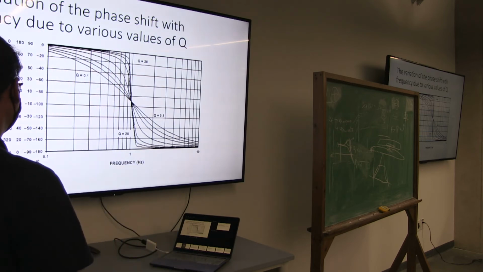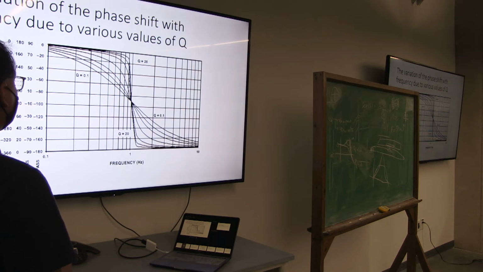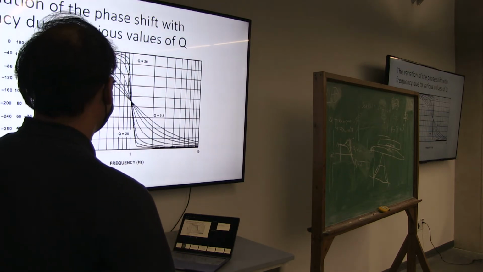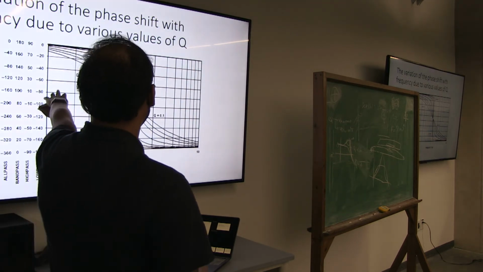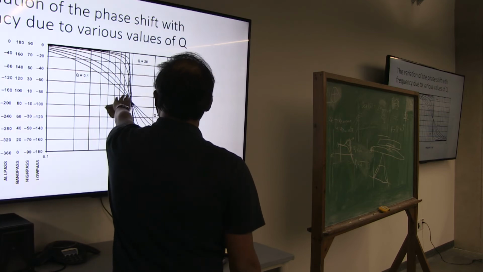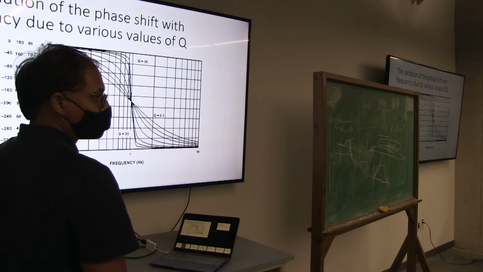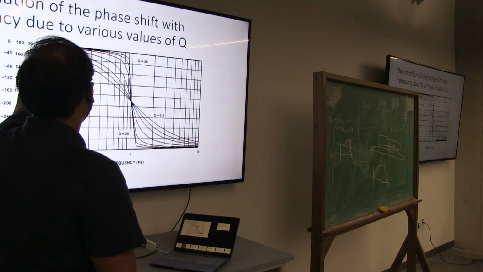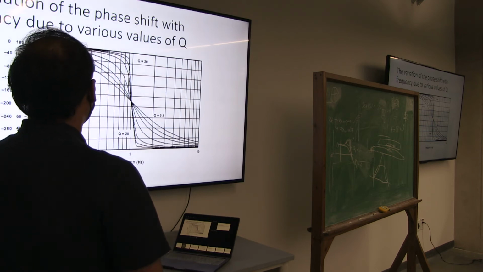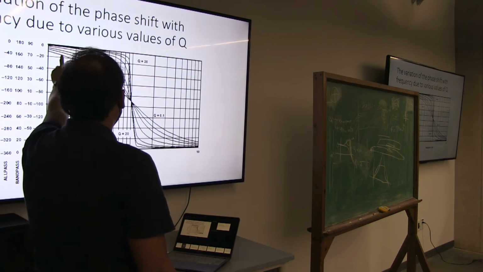So this is giving us the variation of the phase shift with frequency due to different Qs. If we take a low Q filter of say Q equals 0.1 and we look at the low pass response, the phase shift is very bad for a low Q filter.